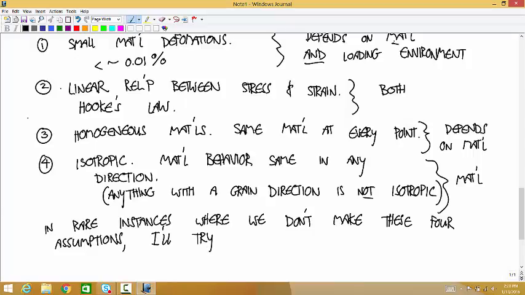I better put this "try" in here just for legal reasons. There's a couple cases where we'll talk more generally, but basically all the mathematical techniques we're using depend on these four things.